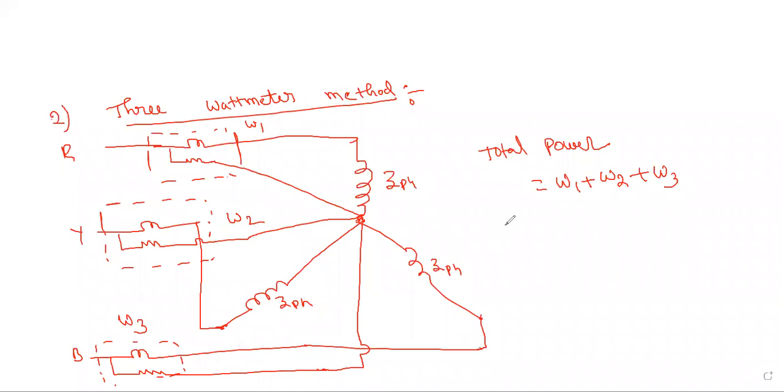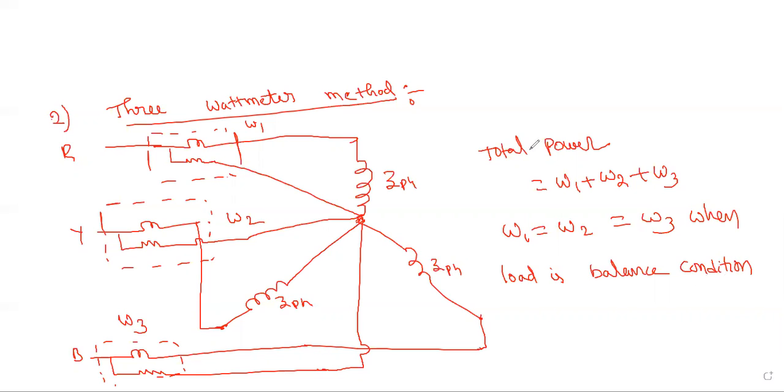If the load is balanced, W1 equals W2 equals W3. If the load is not balanced, the total power W equals W1 plus W2 plus W3. So this is about the three-wattmeter method.